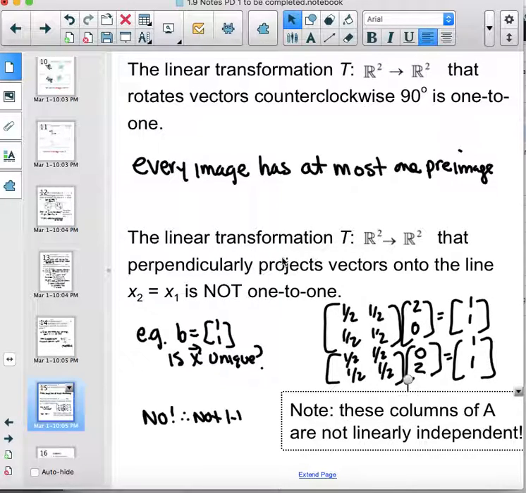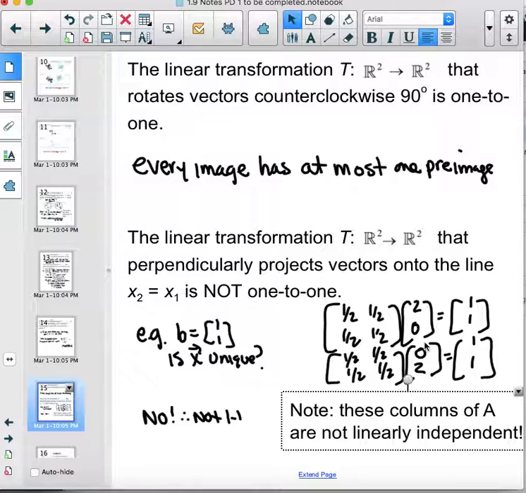This one is not one-to-one. Why not? Well, you want to know, is b unique? Is x unique for every b? So the b ones for this have to be the same for the x and the two numbers. So either both 3, both 1.